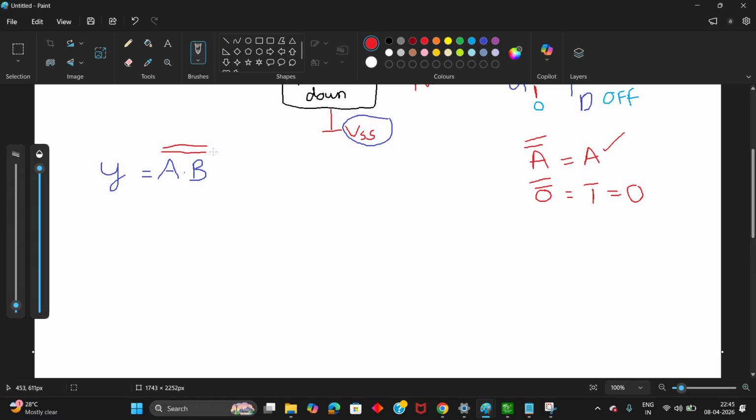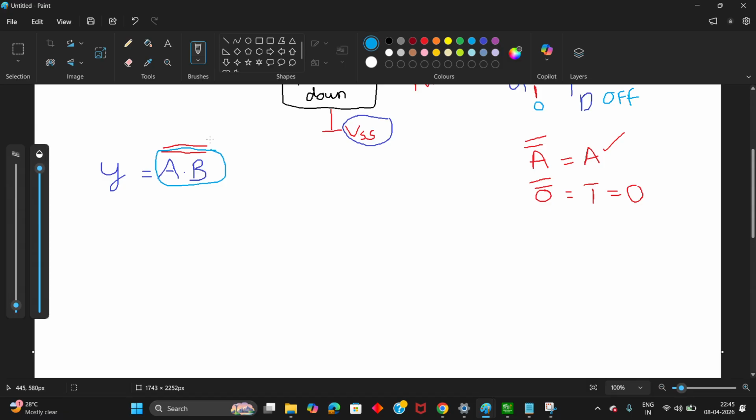So if you observe clearly, we are going to have two logic gates in this particular expression. One is the NAND gate, right?